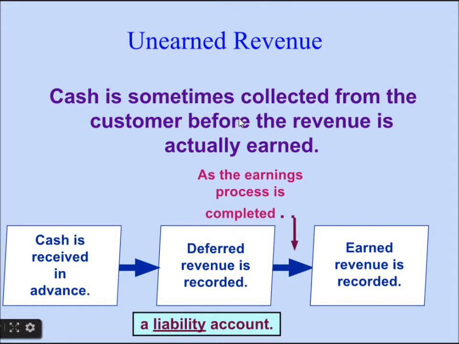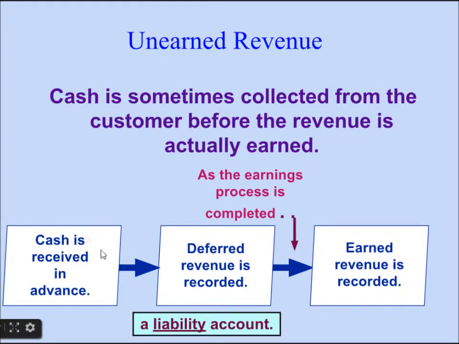Unearned revenue. Cash is sometimes collected from the customer before the revenue is actually earned. Unearned revenue is also a liability account, because unearned revenue is the amount of money which you get in advance before performing your service. Unearned revenue becomes revenue only when you have performed the service for which you got an advance.